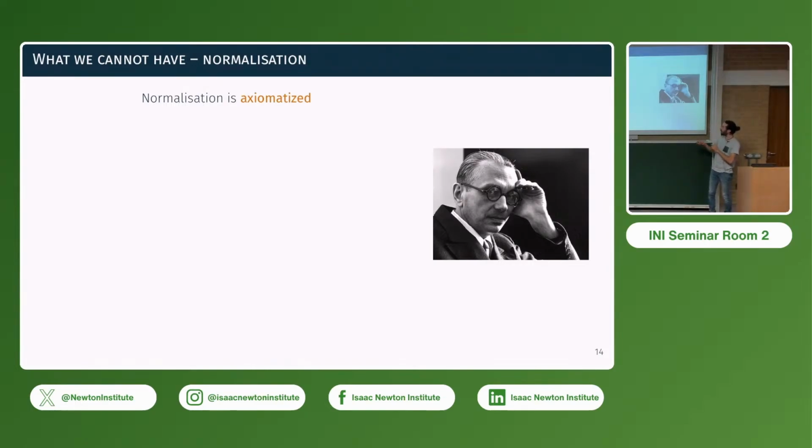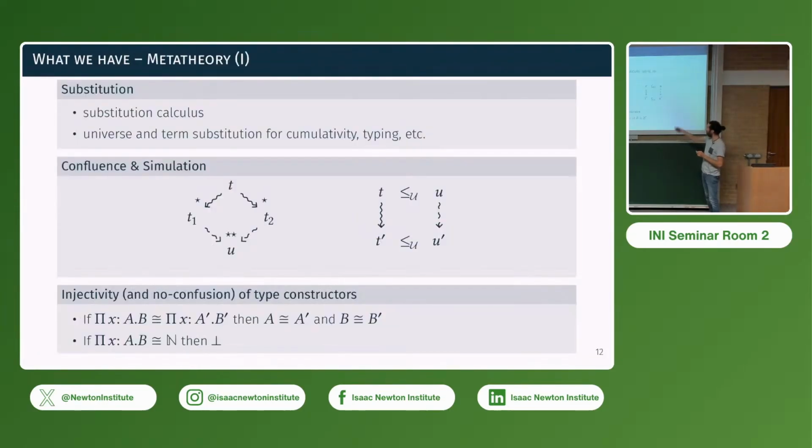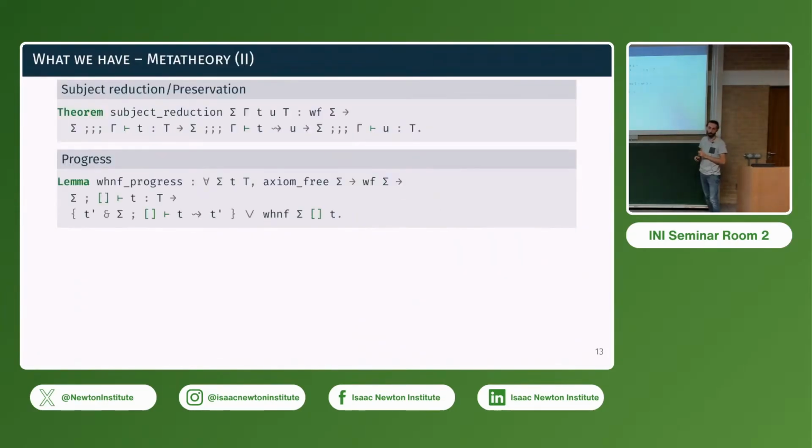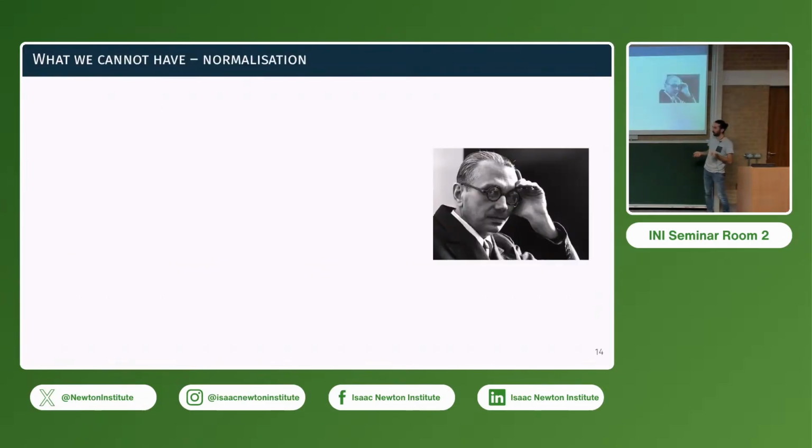So our way at the moment is very crude. We just assume that this normalization property holds. And note that all these other properties don't depend on normalization. So still we get a lot of mileage without assuming it. But then if you want to get the last bit and know that our type checker terminates, we need that.